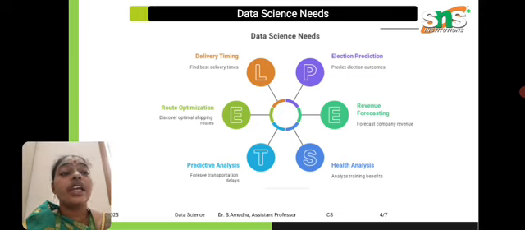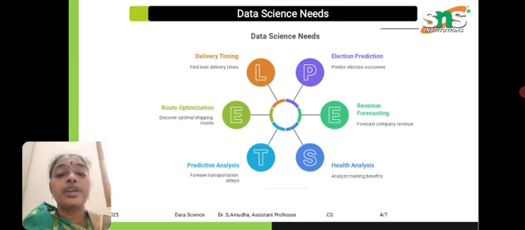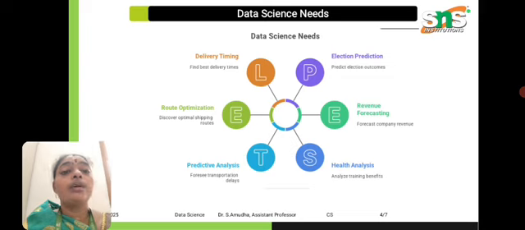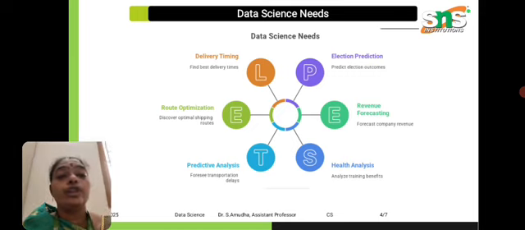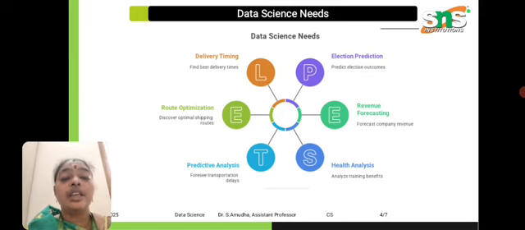The first one is election prediction, predicting the future election outcome. And revenue forecasting: with the help of data science techniques, a company can predict future profit or loss. And health analysis collects patient details to predict information.